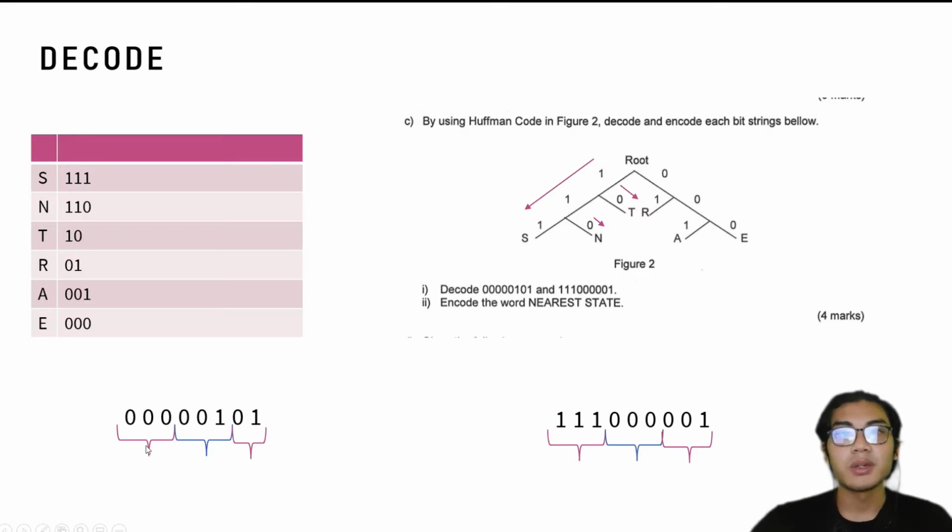So we determine the words based on the table. Here 000 is E, 001 is A, and 01 is R. The next one is C; we get 111 is S, 000 is E, and 001 is A.